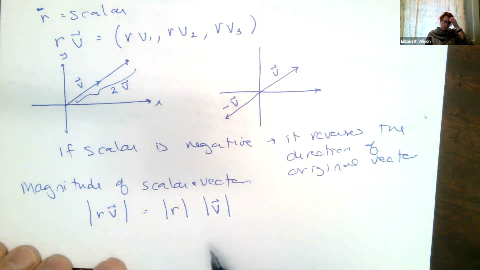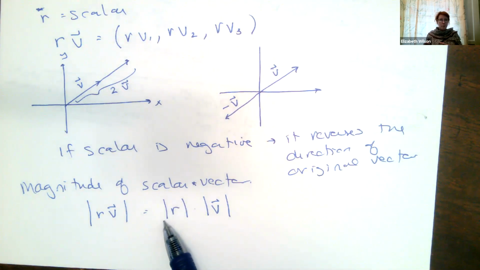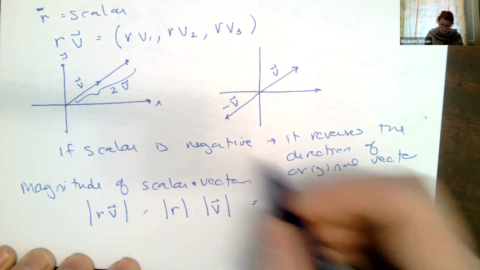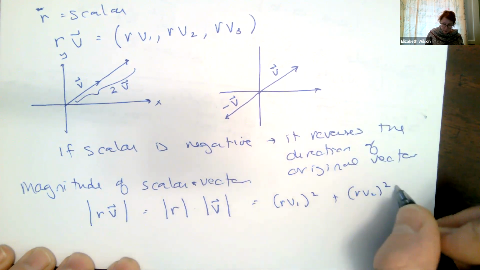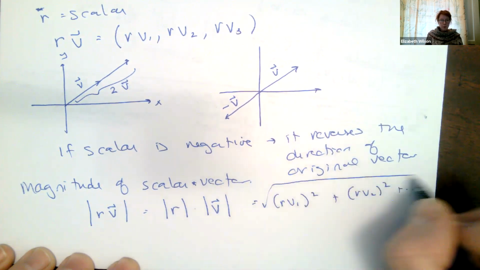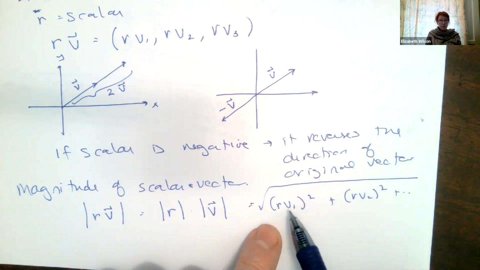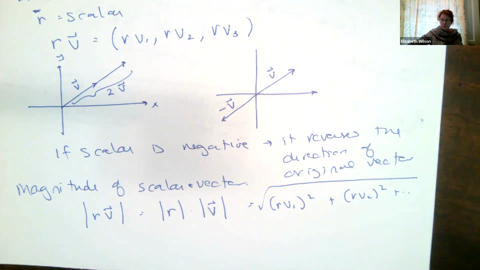We're going to do an example where you'll see that if I don't factor out the r and keep it inside, if I distribute it, this is equal to the square root of rv1 squared plus rv2 squared, and so on, summed up. I can factor out an r squared, and just multiply r by my magnitude. It's a shortcut. You can always multiply it through and take the magnitude, which we'll do.